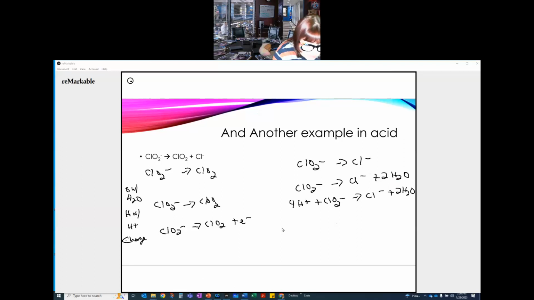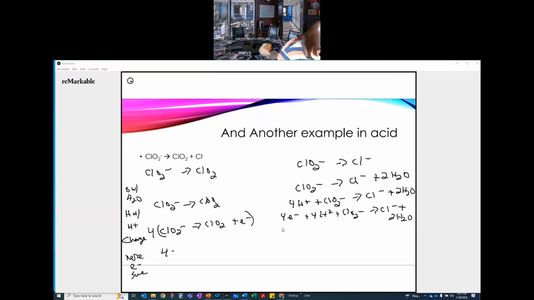So if I add 3, that gets me to 0. But I need 4 to get to that negative. So 4e minus plus 4H plus plus ClO2 minus goes to Cl minus plus 2H2O. Okay, awesome. I need to multiply both of these by 4 to make the number of electrons the same.